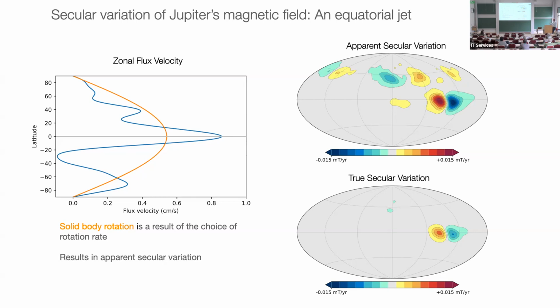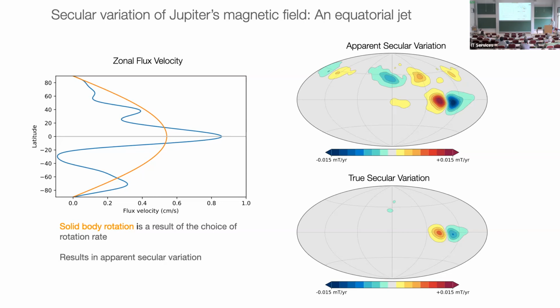So we obtain this blue line, but a large part of the signal we've obtained here can be represented by this solid body rotation in orange. The orange line is the solid body rotation part of the flux velocity that we've obtained.